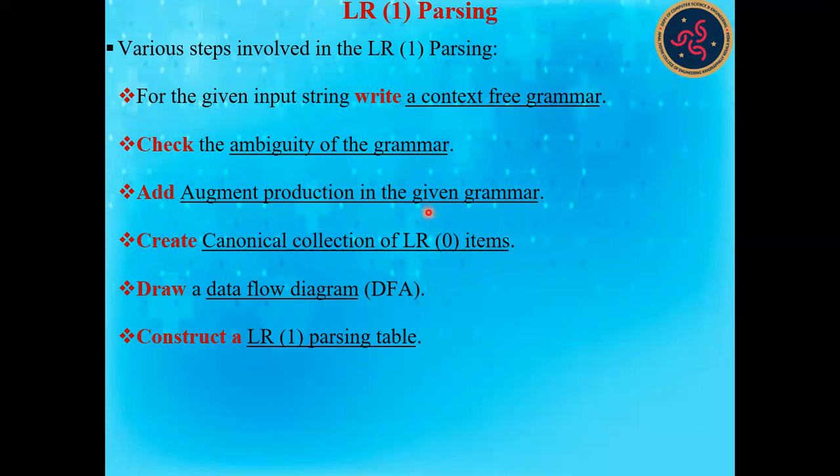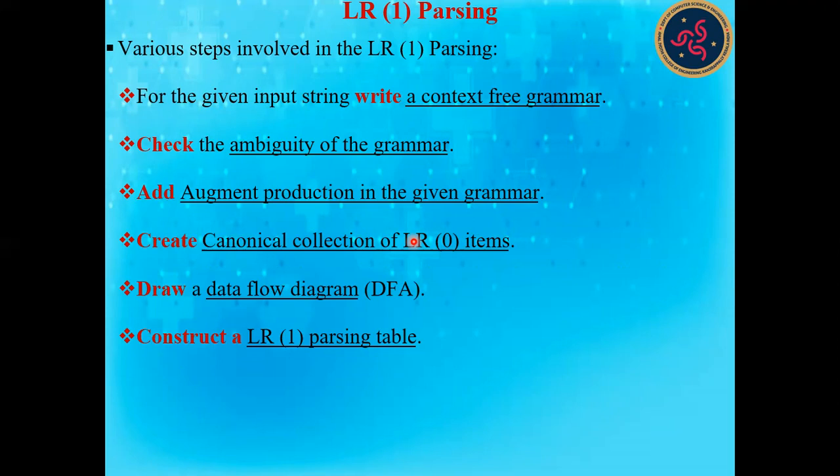Items is also another thing that we have to study. Here, LR0 parser means it is the least powerful, whereas the CLR parser is the most powerful among this type of LR parsers.